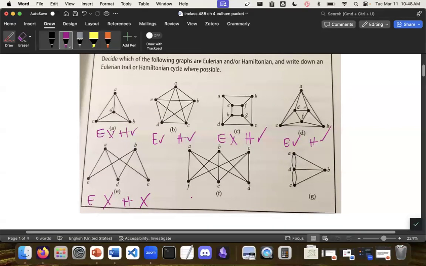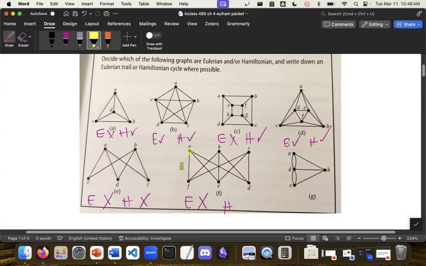What about F? Eulerian? I see a thumbs down. Do we agree? Yeah, it's not Eulerian. Is it Hamiltonian? Yeah. For this one, we can start at any of them and just follow the edges.